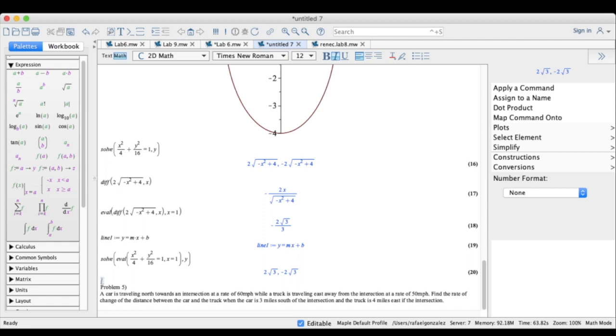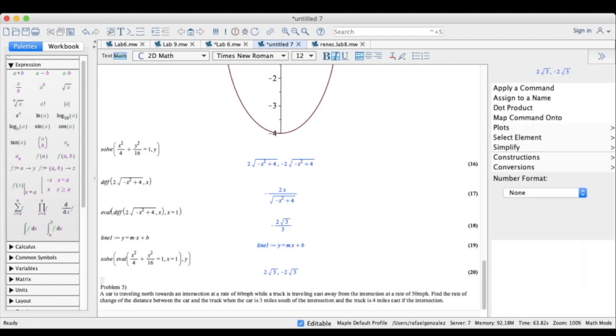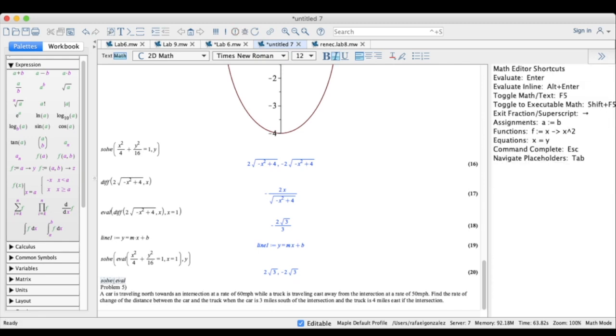Well, I could solve this line 1 for b now. So I could do solve eval, and I call this line 1. And now this is something neat about the eval command. I could pass in values by using these curly brackets for the slope, for the y, and for the x.